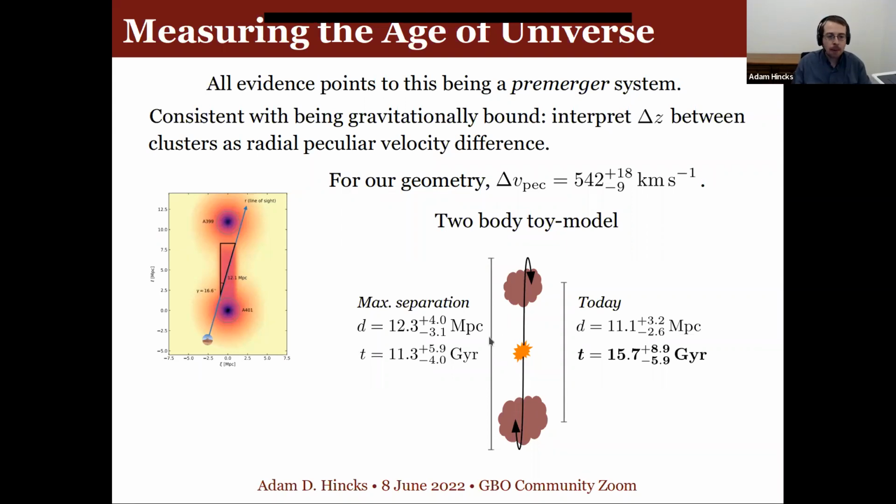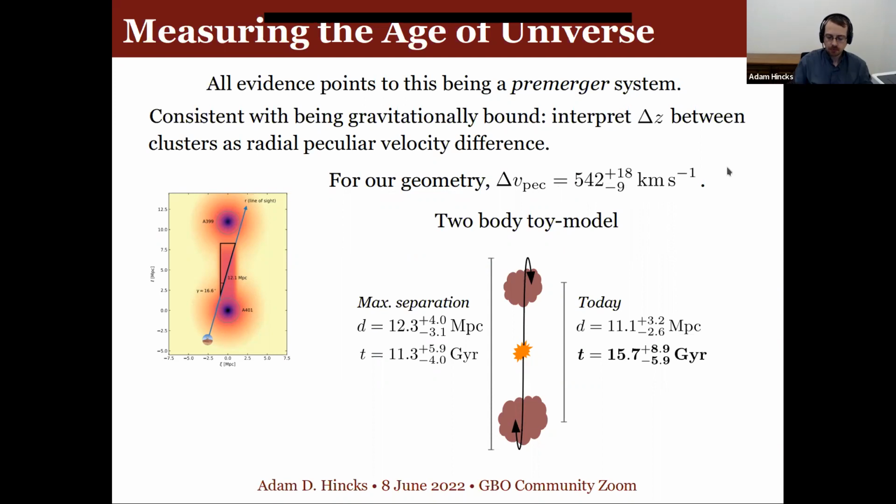And so the dynamics probably were the following: they start by expanding with the Hubble flow, then their own gravity takes over, they turn around, and now they're approaching each other. And if you do this two-body problem, you can calculate an age of the universe. It has large error bars, but is consistent with what we know. So that's a long-winded answer to the question about the redshift difference.